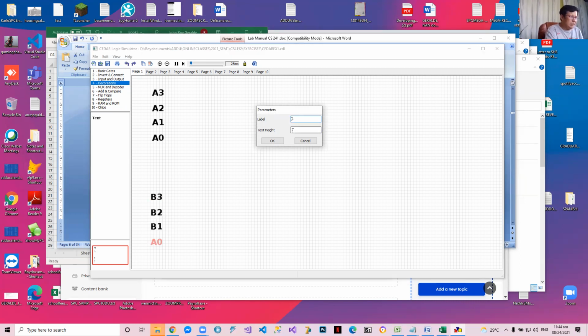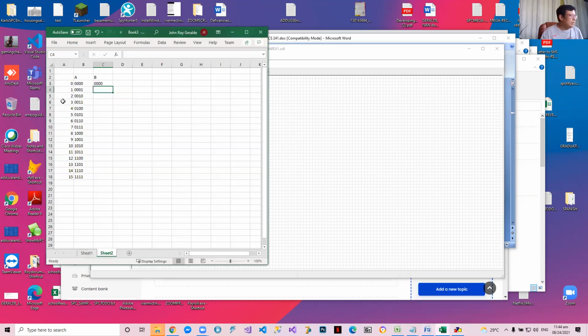So these are the bits which correspond to our truth table. Okay? So this is our truth table. Do you follow? This is our truth table.